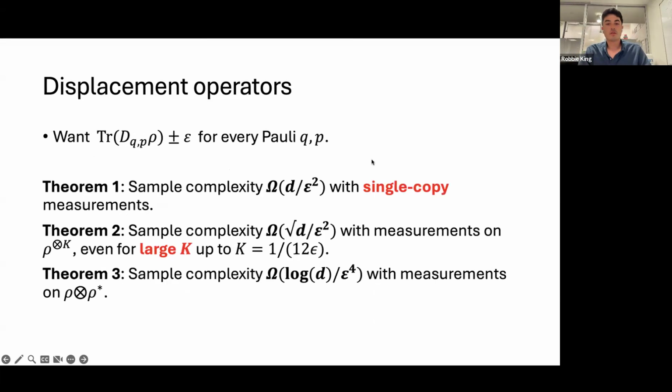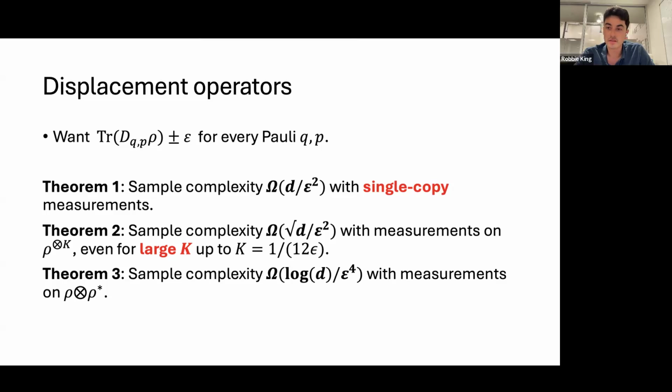Okay, so now I can state the main theorems that we have in our paper. The first one is a similar result to what was previously shown for the Paulis, where if we use only single copy measurements, the number of states that we need to measure is at least the dimension of Hilbert space.